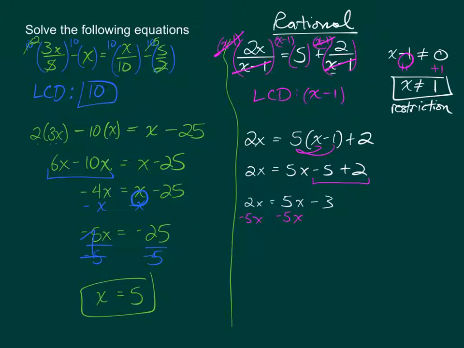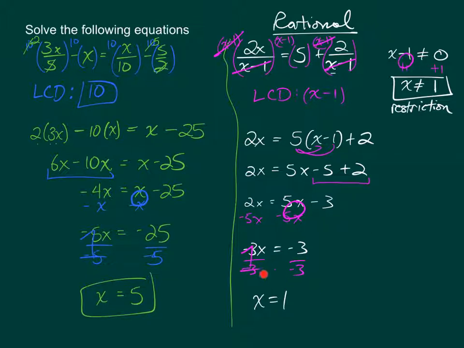So this zeroes out and I'm left with negative 3x equals negative 3. And finally, divide by negative 3, divide by negative 3. So I get x equals 1. So you can see again that even after we got rid of the denominators here, we still had a really nice equation to solve that was left over, and we went through and we solved it.